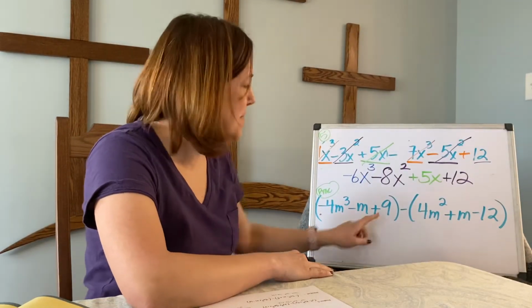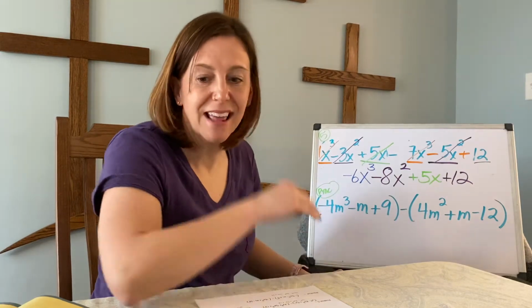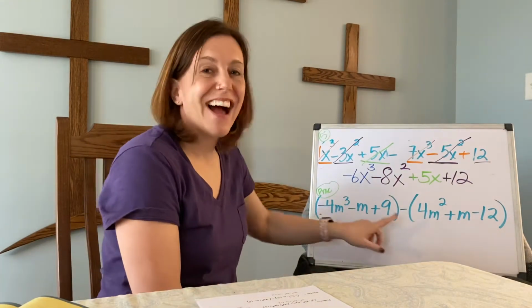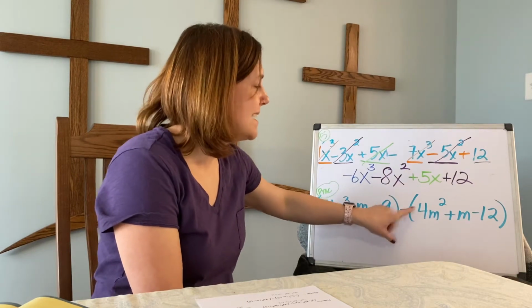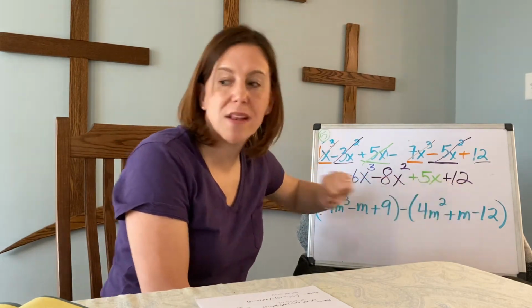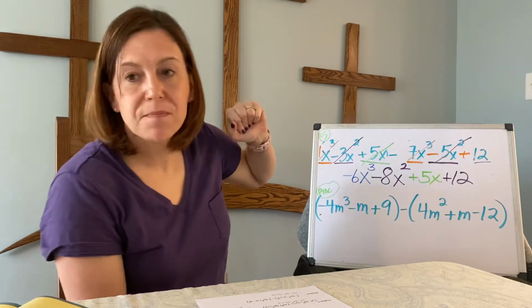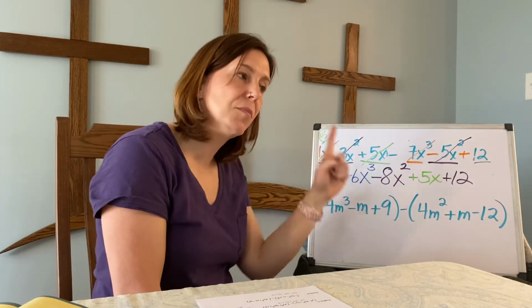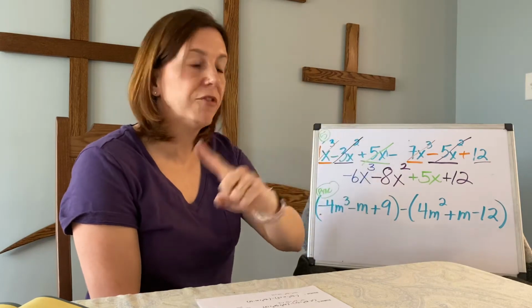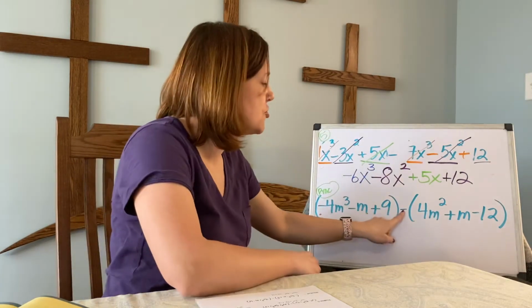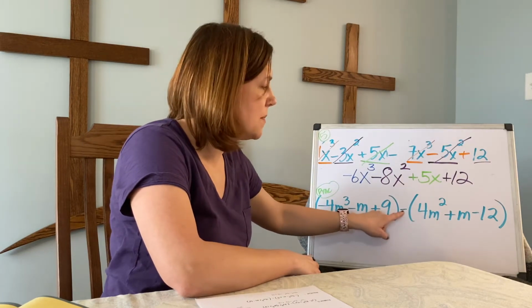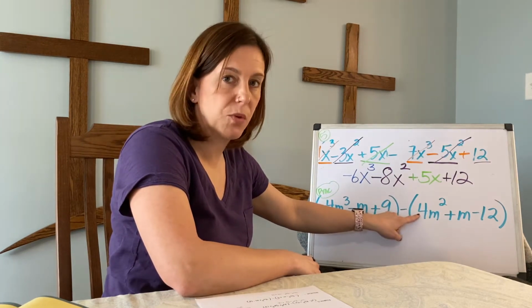I need to deal with my subtraction of a quantity. I'm getting too excited and I need to slow it down. Okay, I need to first realize I'm subtracting this entire quantity here in this problem. So that means I need to think through distributing that subtraction through everything. If I am subtracting positive 4m squared, that's going to remain as minus 4m squared.